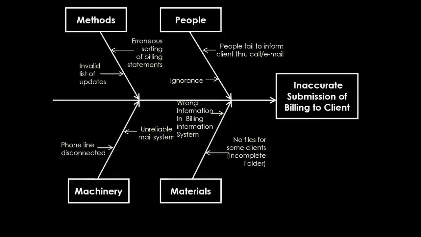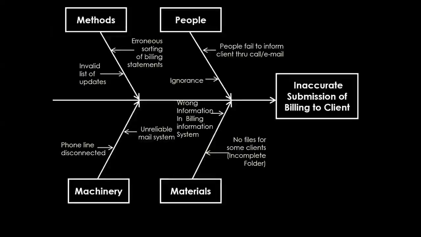The second one is they fail to inform, that is calls or messages to the client, by using their method. They have used two methods, calls or emails. Under material also, you can see two causes: no files for some clients, incomplete folders, and wrong information in billing information systems.